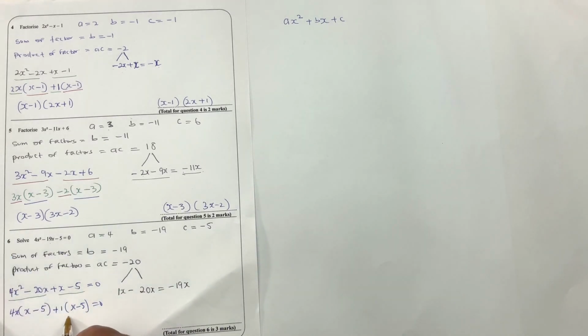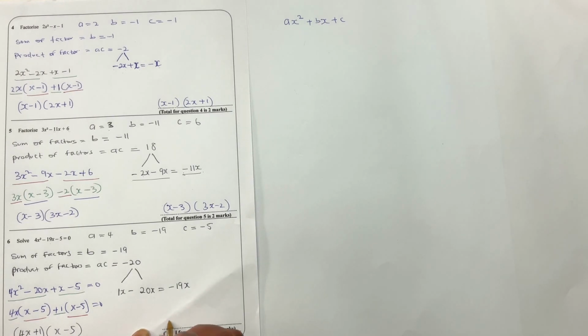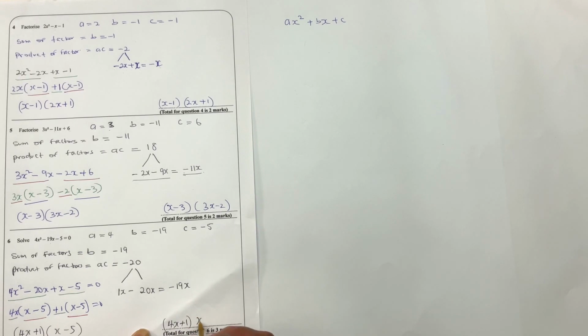I can now see a common factor again, and what I'm left with is going to be 4x plus 1. So let's take that out. 4x plus 1 is a factor, x minus 5 is a factor.